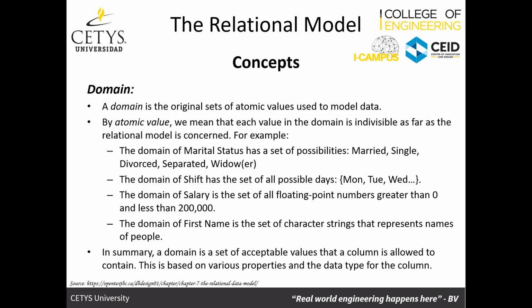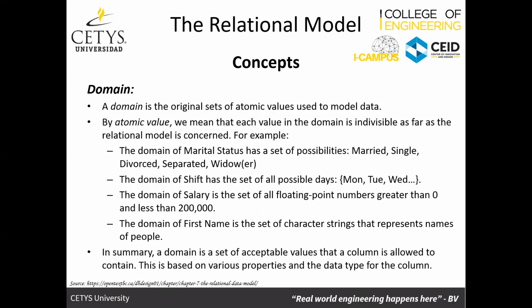We talked also about an atomic value, right? We're going to store data in atomic values. These are values that can't be separated into other values. Some examples: if we're talking about an attribute called marital status, then we can have some possibilities: married, single, divorced, separated.